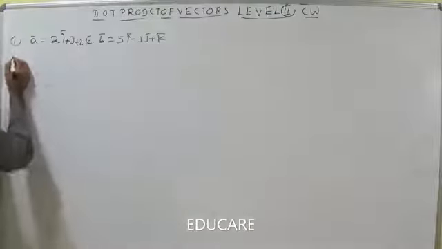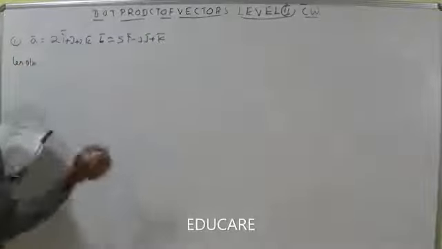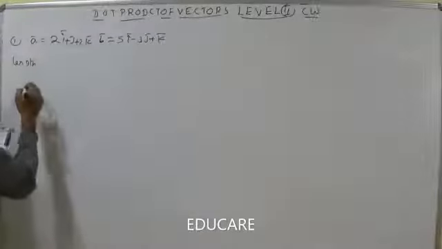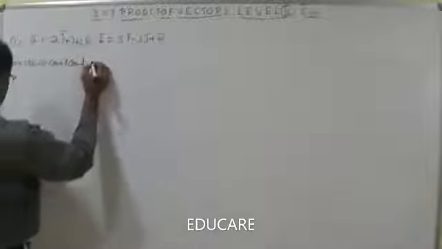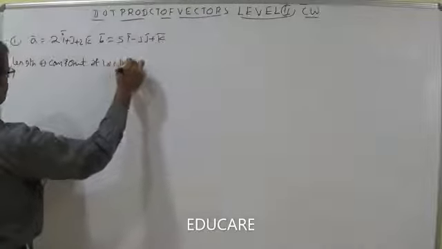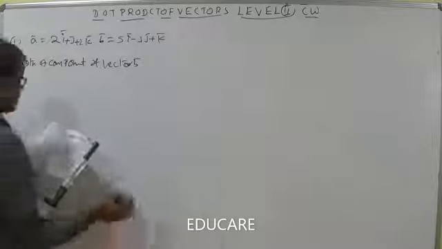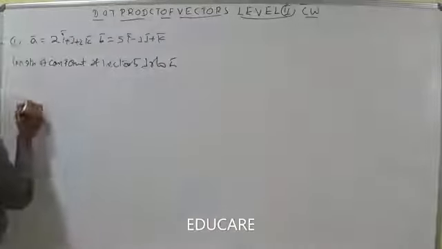Length of component means the magnitude of the orthogonal projection. I also explained the proof of the formula for the length of component of vector B bar perpendicular to A bar.